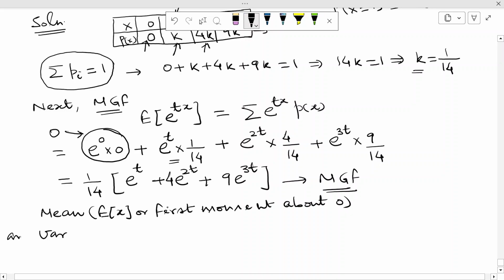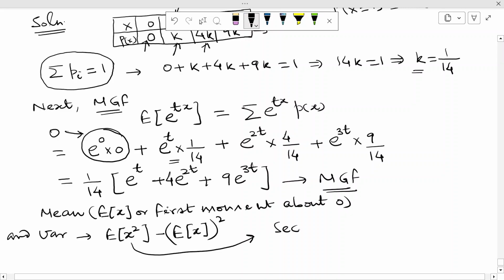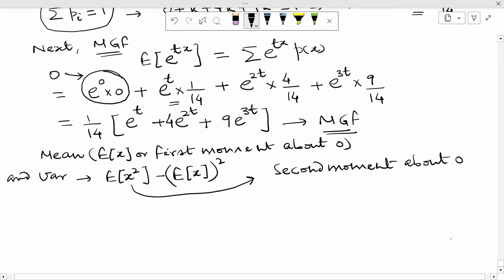For variance we have to find the expectation of x square also, because the formula of variance is expectation of x square minus expectation of x whole square. So this expectation of x square is our second moment about 0.